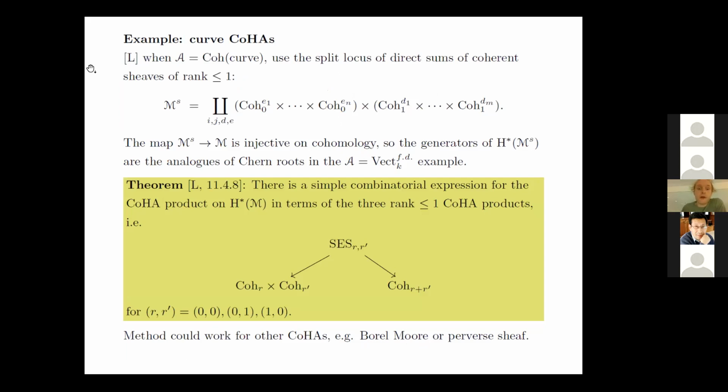So the problem I'm having is, this expresses the cohomology of a curve in terms of three simpler cohomologies. So rank 0, 0 cohomology is very easy. This is just a symmetric algebra. Rank 0, 1 is semi-easy. So there's a stratification on this space, such that on each stratified piece.